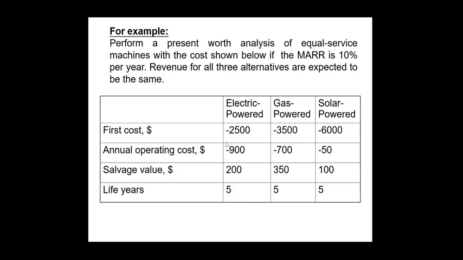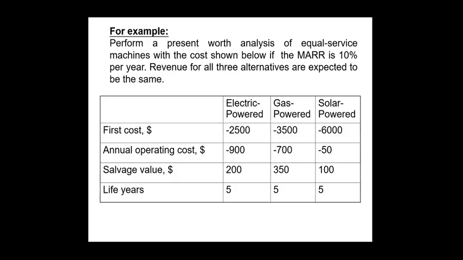We use the equal payment series present worth factor to calculate the net present worth. So that means plus 500 times (1 plus 0.1 to the power 5, minus 1), divided by 0.1 times (1 plus 0.1) to the power 5.